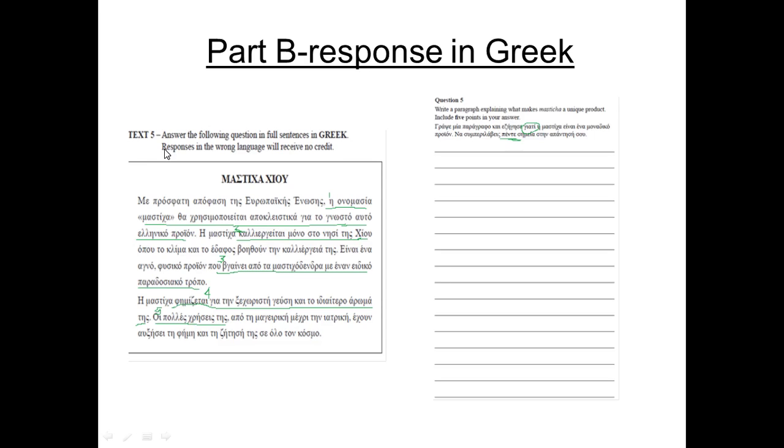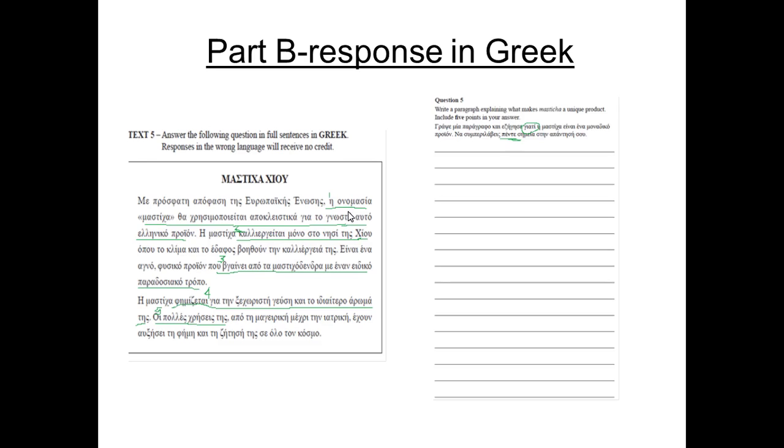So we are asked to explain about the uniqueness of masticha. We have to justify. So in the text I have highlighted in green the 5 points that we need to include in our answer.